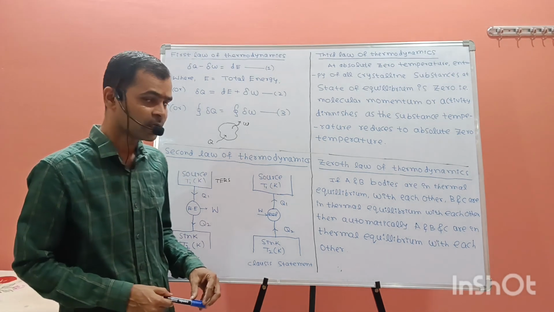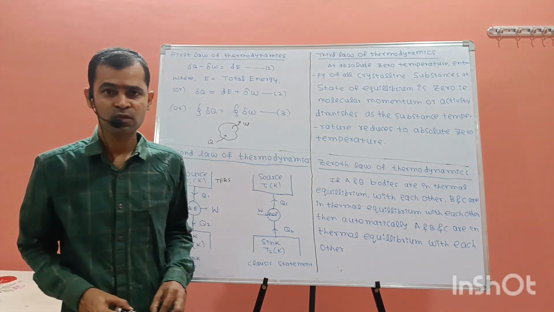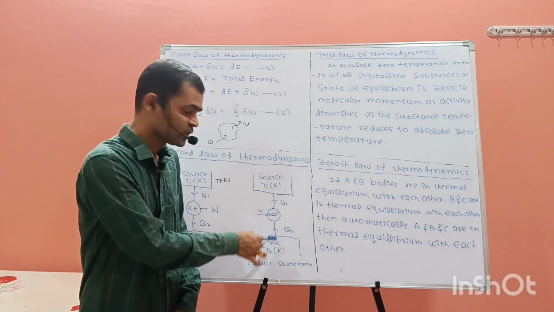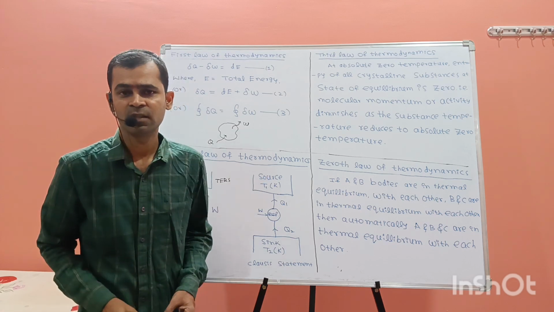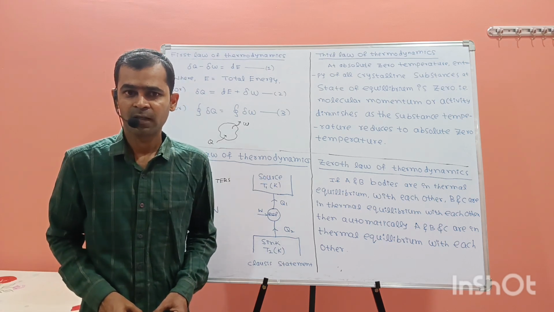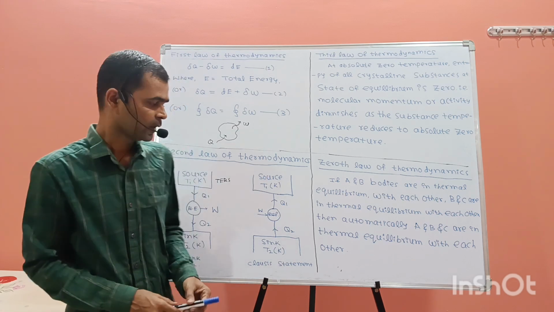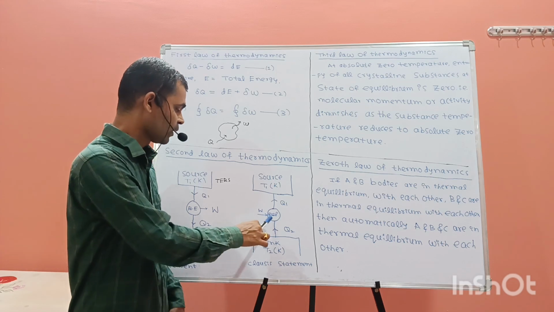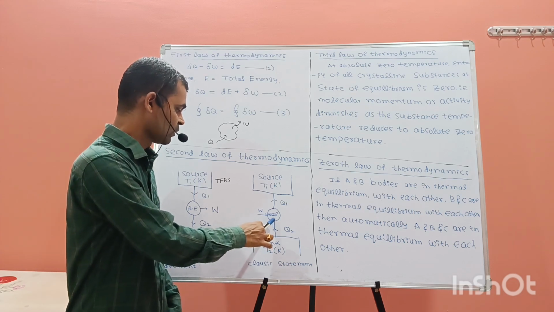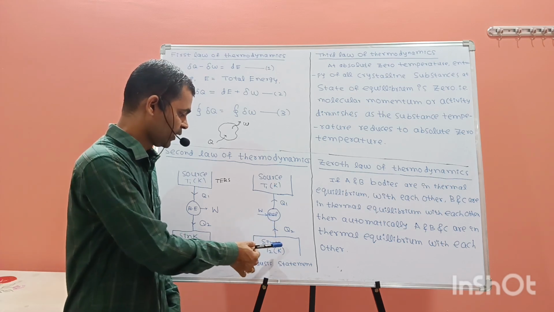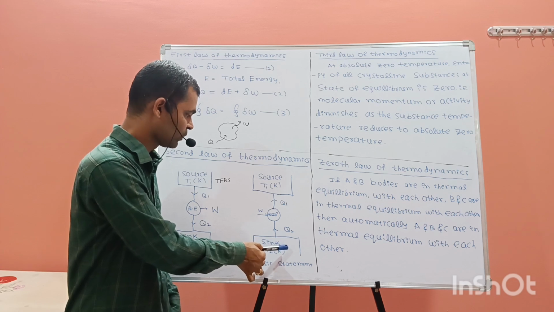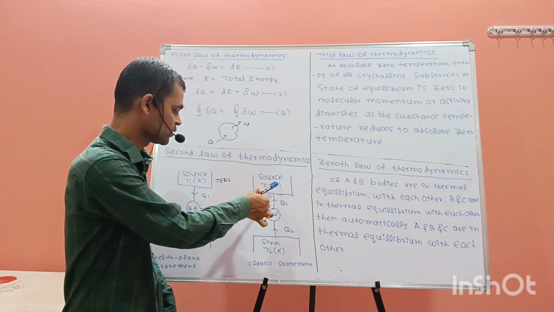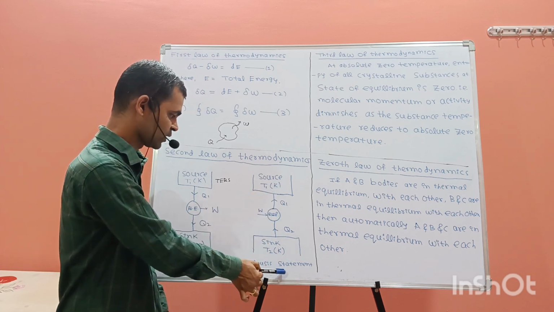So when the heat is to be transformed from low temperature region to high temperature region, there should be an external agency, like work should be done on the system, so that the heat will be transformed from low temperature region to high temperature region. So this is Clausius statement.